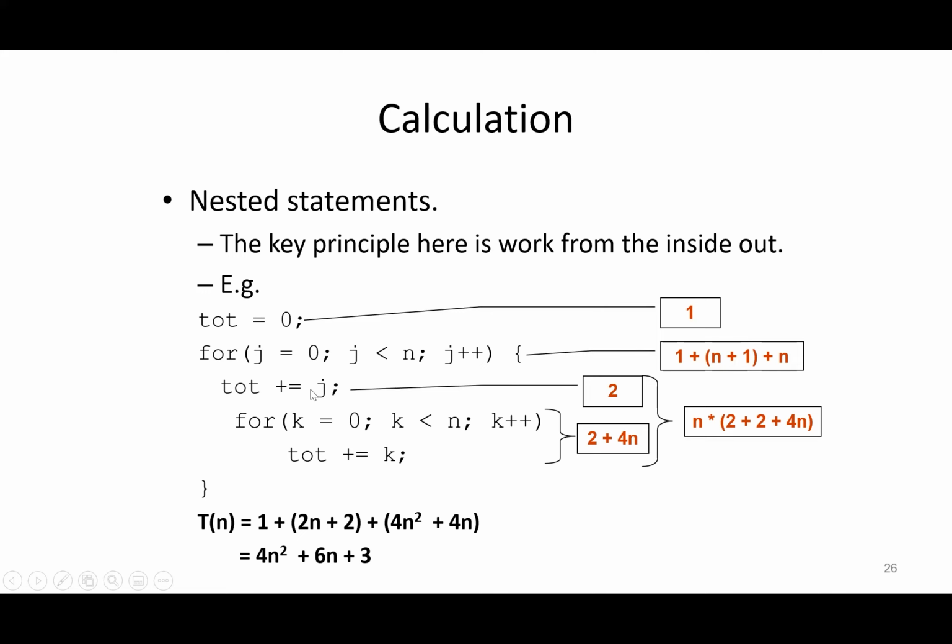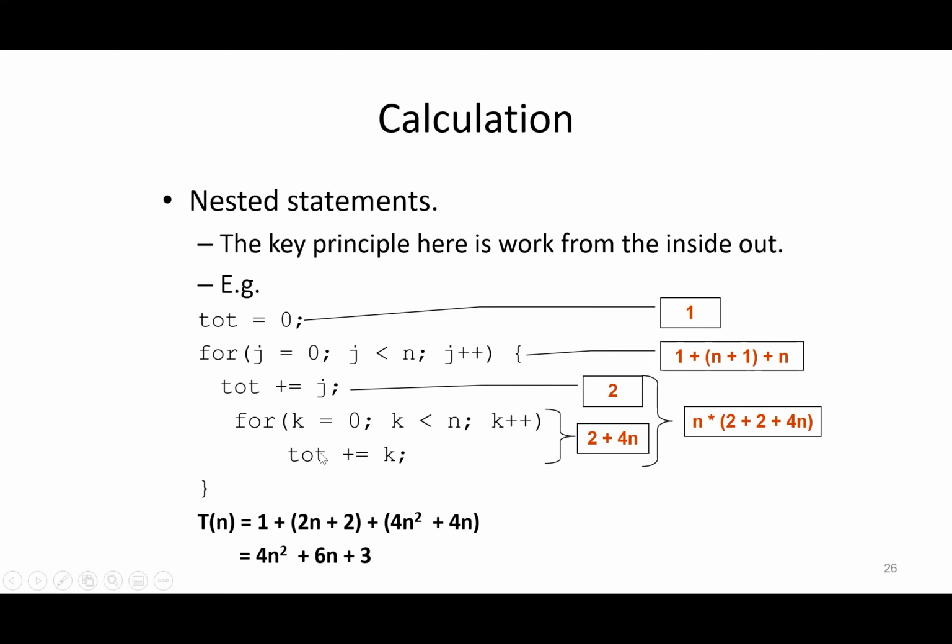And then inside this for loop, it is more complicated compared to the previous one because here we have another for loop. But for this statement before the inner for loop, total equals total plus j, this will require 2 steps. And then for this inner for loop, it also goes from k until n minus 1, so it also loops n times.